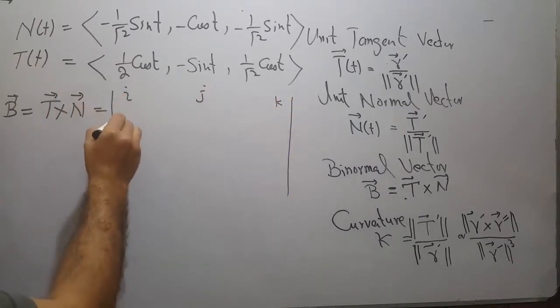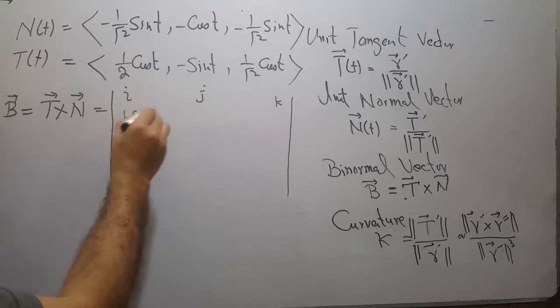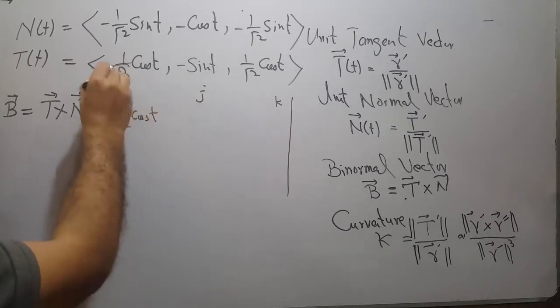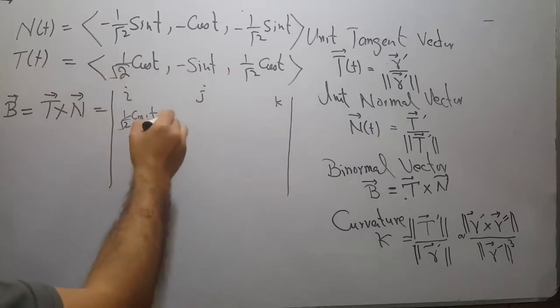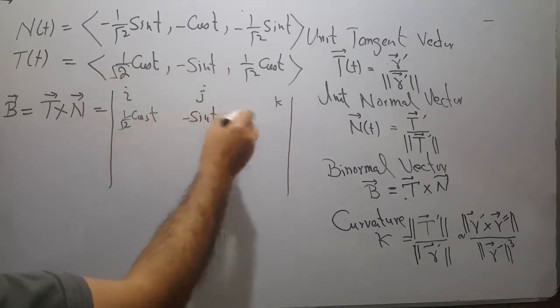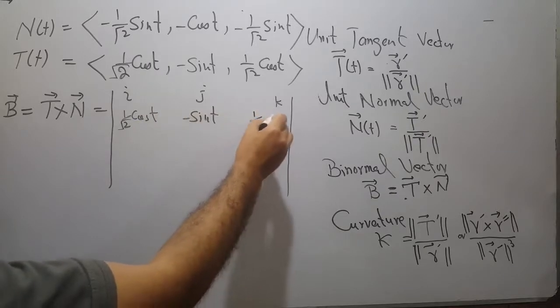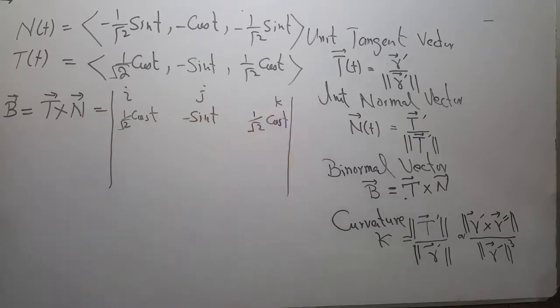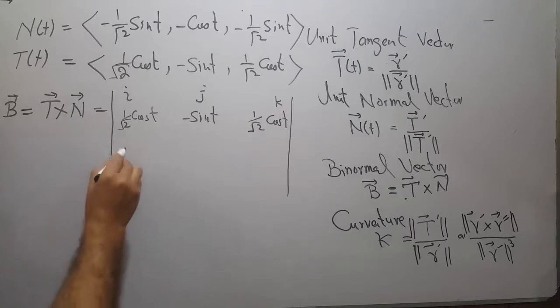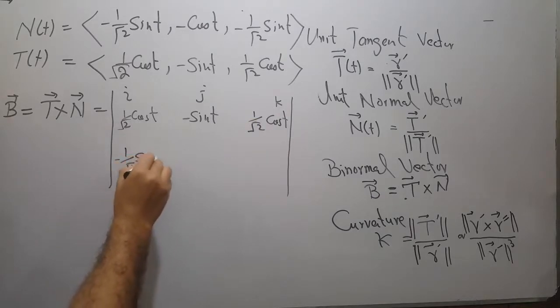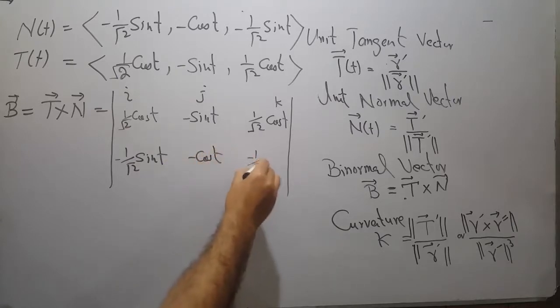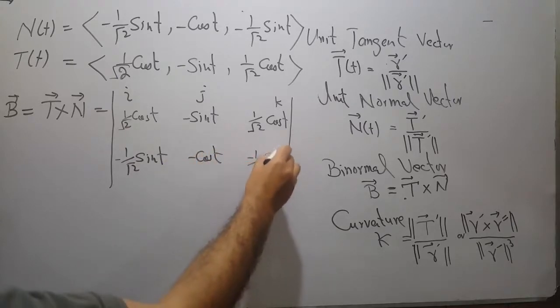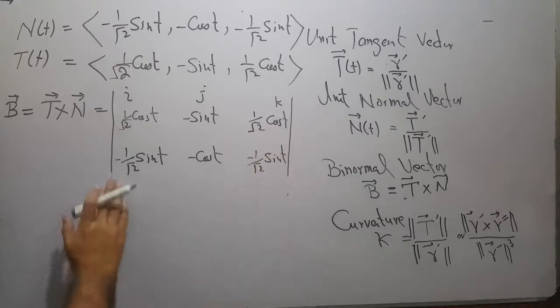T is 1 over square root 2 cos t, minus sine t, and 1 over square root 2 cos t, and n is minus 1 over square root 2 sine t, minus cos t, and minus 1 over square root 2 sine t. Now what you have to do is just find the determinant.